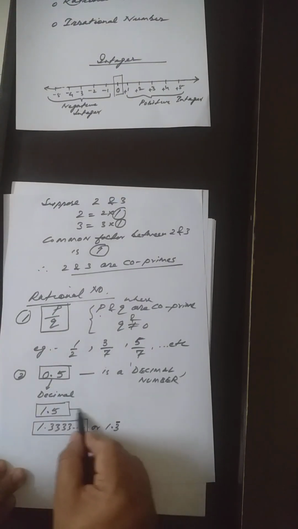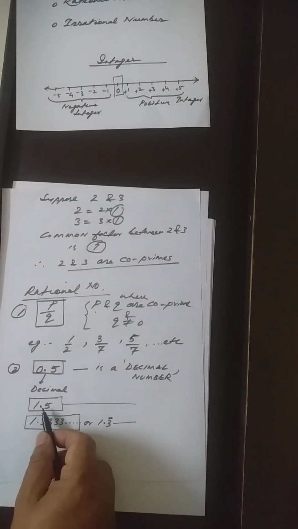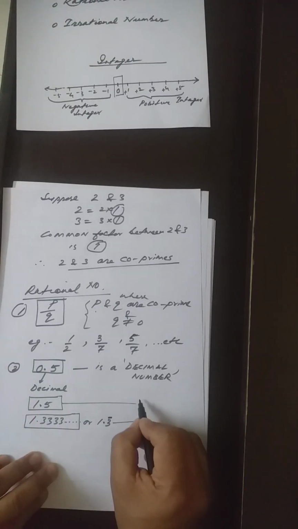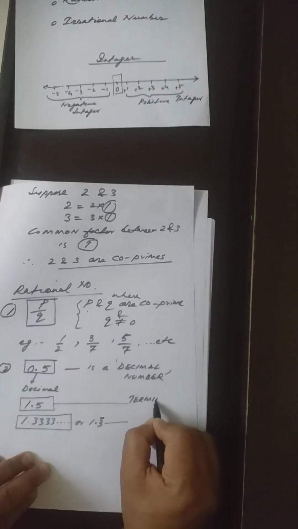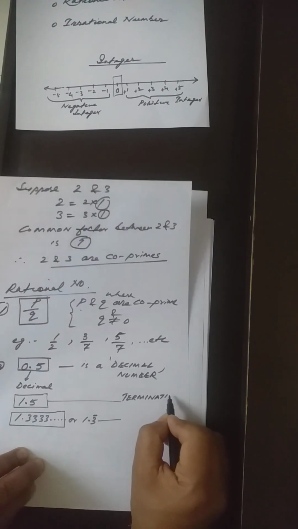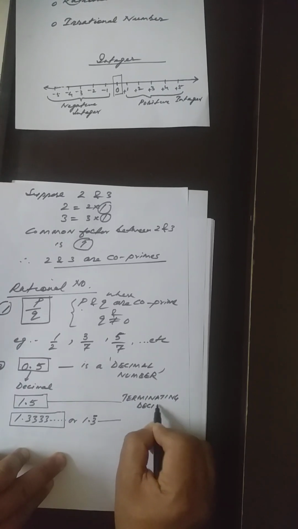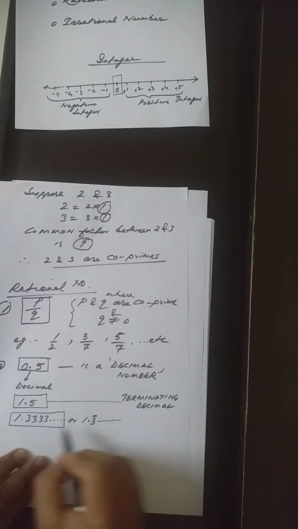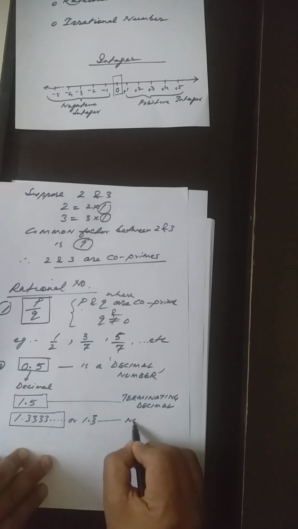So in these two cases, in the first one, the digit 5 after decimal has no further number, so we say this number 5 after decimal terminates, so it will be a terminating decimal. And in this one, the number 3 keeps on repeating, so it's a non-terminating decimal.